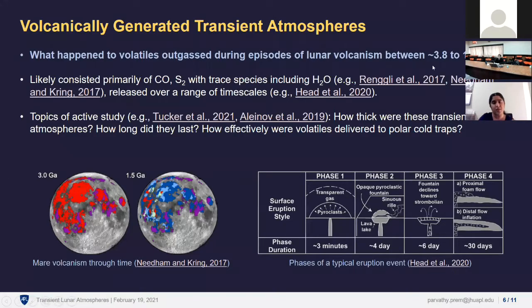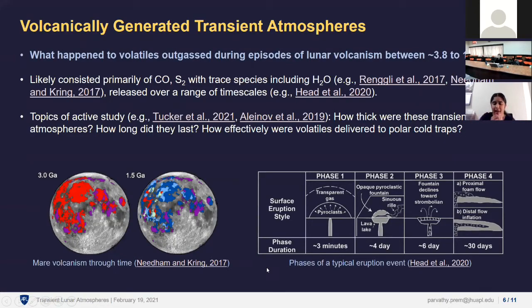And these volatiles, these eruptions, I think what's most interesting about them is the range of timescales involved. Not only was volcanism active for billions of years, each volcanic eruption itself took place over the course of days. So here is a chart on the lower right from some of Jim Head's recent work, showing what such an eruption might have looked like.